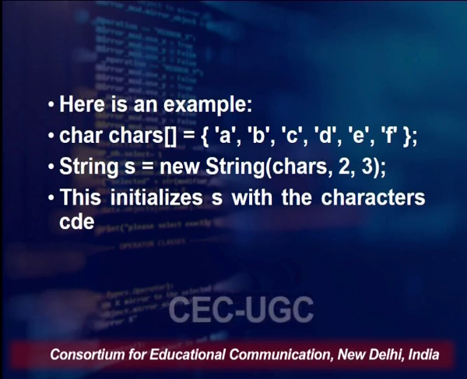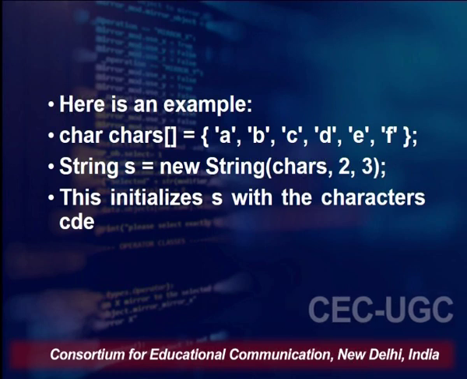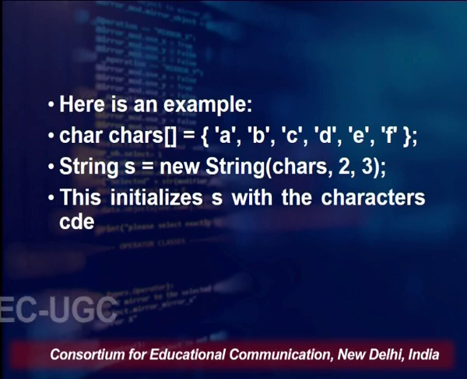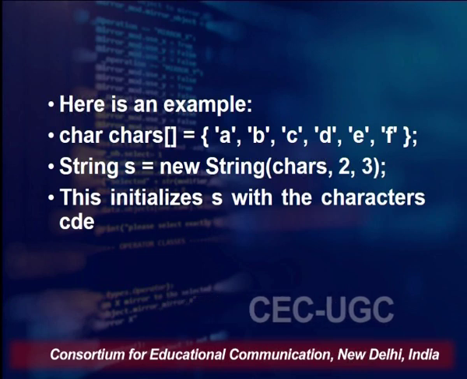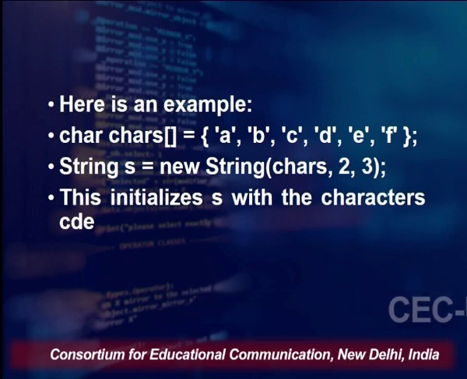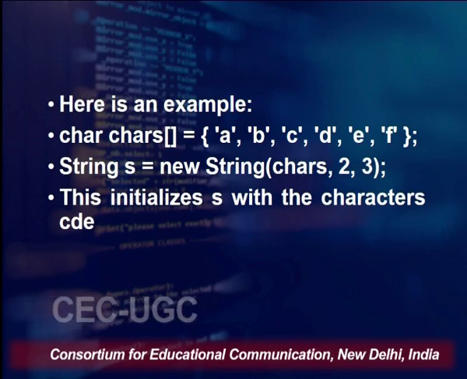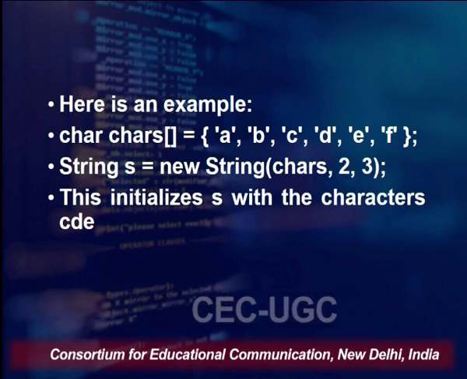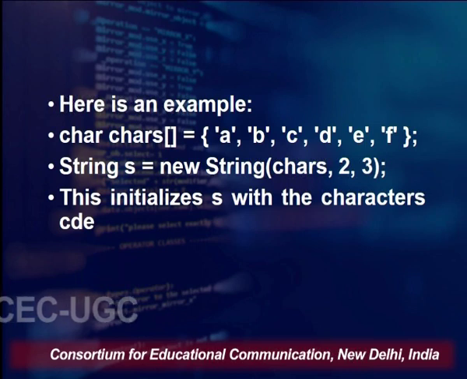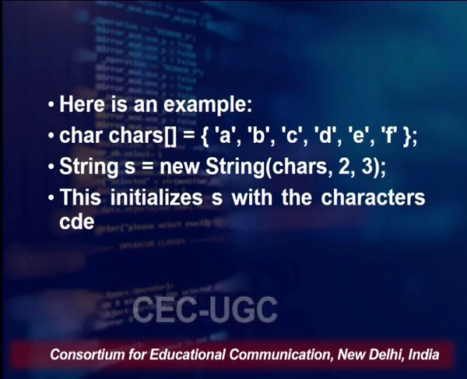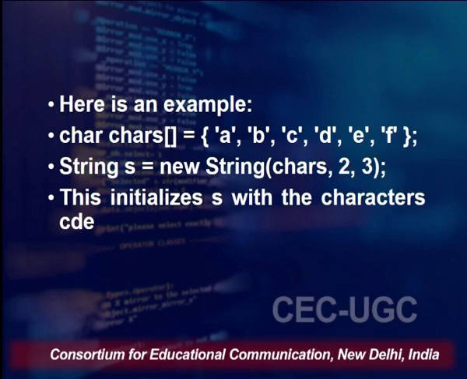So, starting from 0, 1, 2 in the array we will start from C, and the number of characters we are going to take is 3. So, starting from C: C, D and E. The new object s will be initialized with the characters C, D and E.